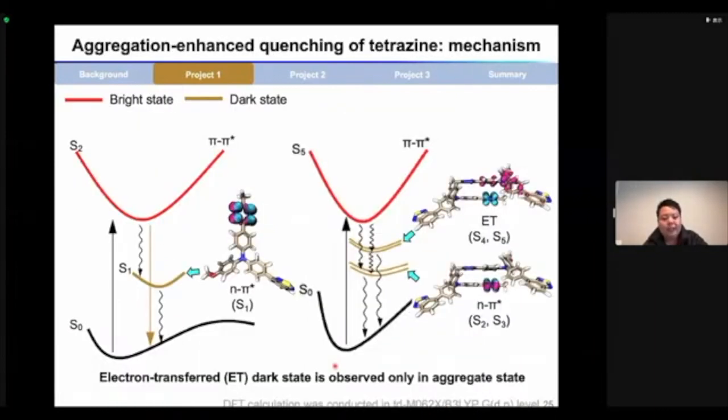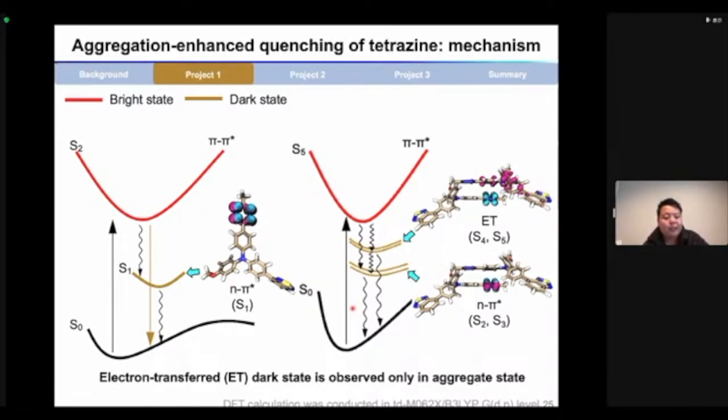And what is more exciting is that, using the crystal structure as a model aggregate system, I conducted TD-DFT calculations, and we could observe that in the single molecule system, the dark state only comes from the n-pi* transition in the tetrazine moieties. But upon the aggregation, we can observe another quenching pathway, coming from the dye-to-tetrazine electron transfer dark state, as well as the n-pi* quenching state of the tetrazine units, which means the dark state has been amplified upon the aggregation. And so indeed, we could observe that upon the aggregation, the emission quenching behavior of the tetrazine got boosted.